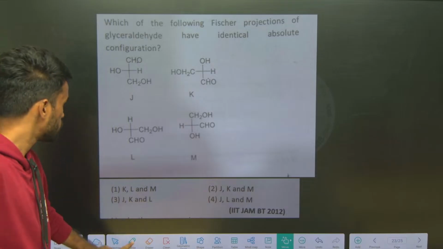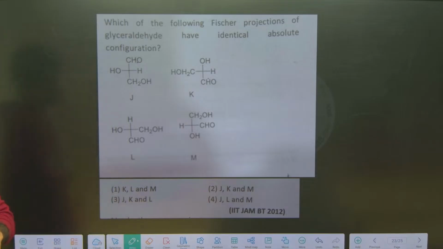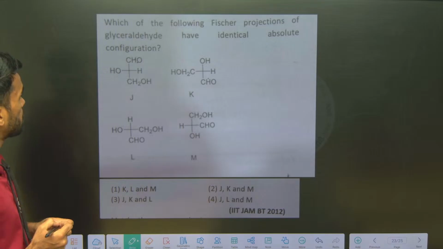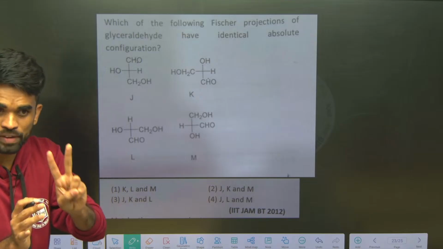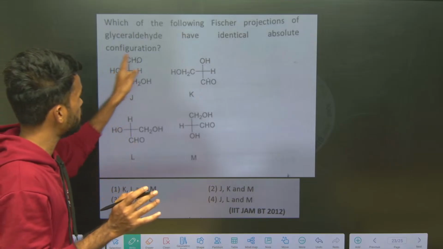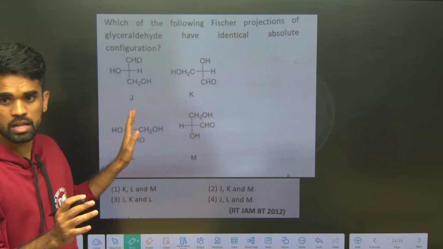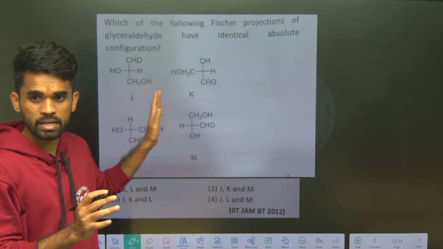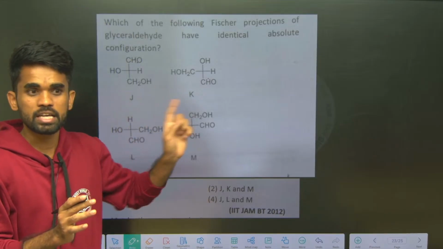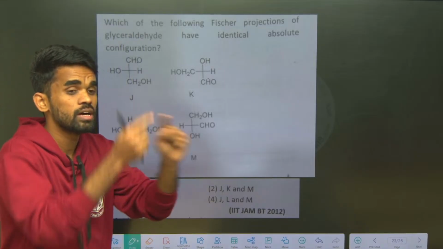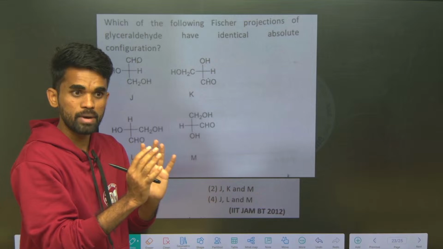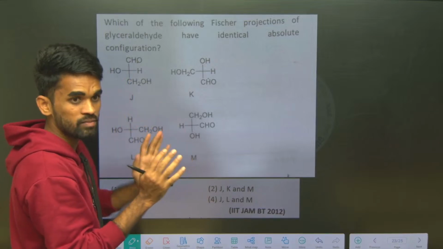Okay, and tell me now. There are two ways to solve. Either you give RS nomenclature to all these configurations, all the compounds. If all of them get the same configuration, we can say they are identical. Or one more method, what I told you: find the number of exchanges in the given molecule, that will give you the perfect answer.